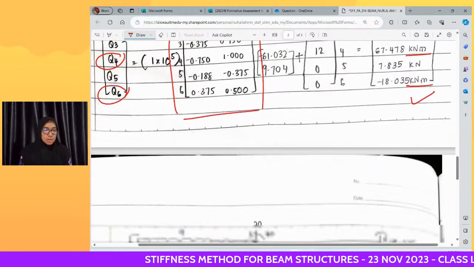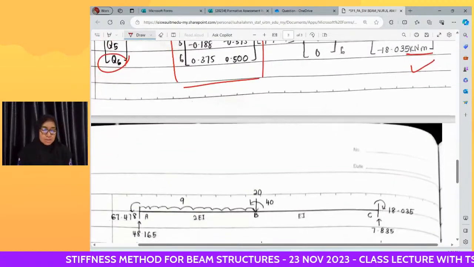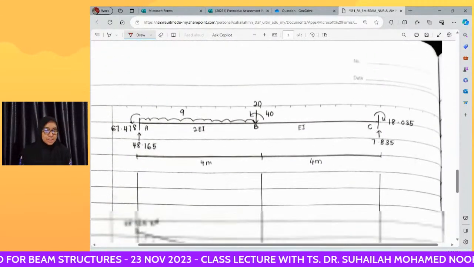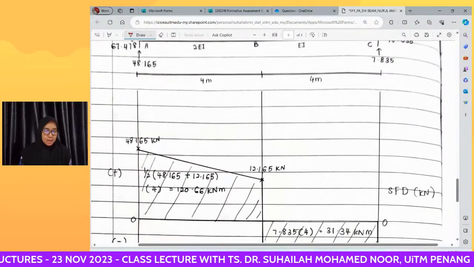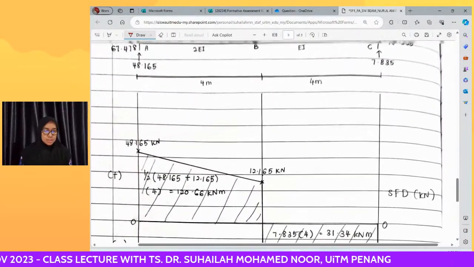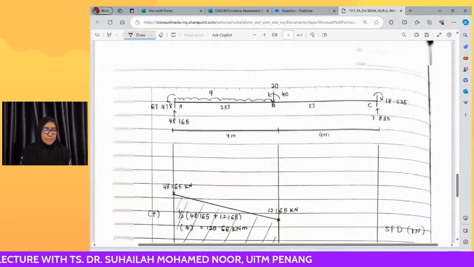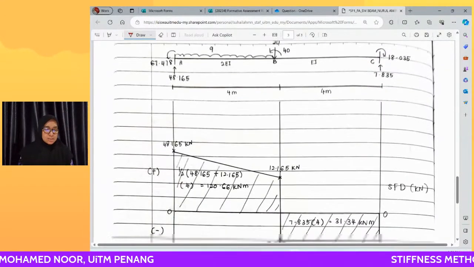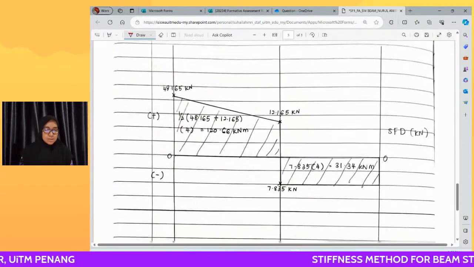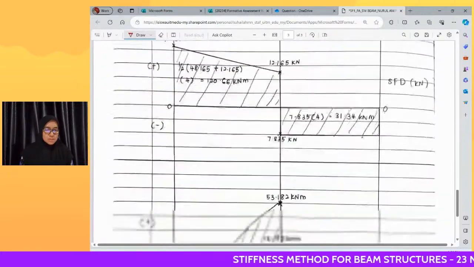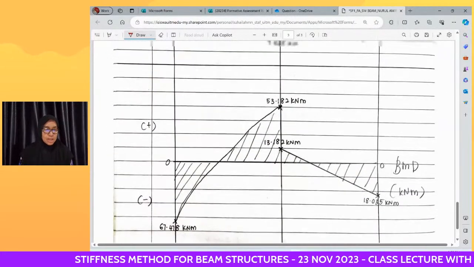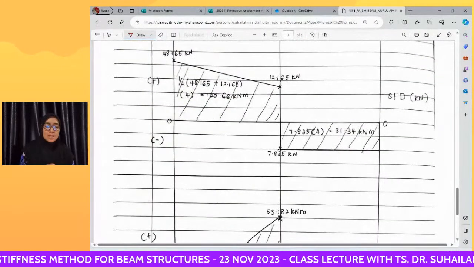Here Amira has drawn the diagram, the shear force diagram and the bending moment diagram. We will check this later on.